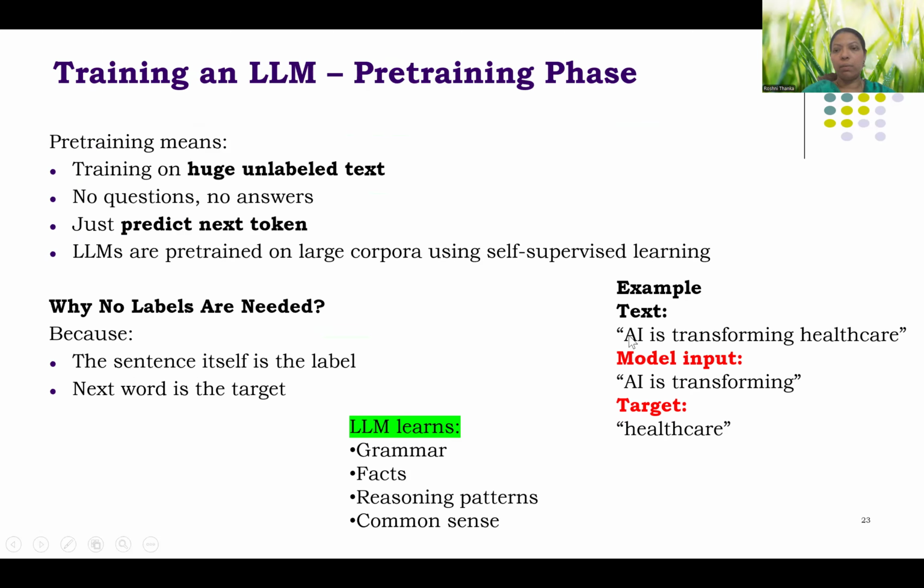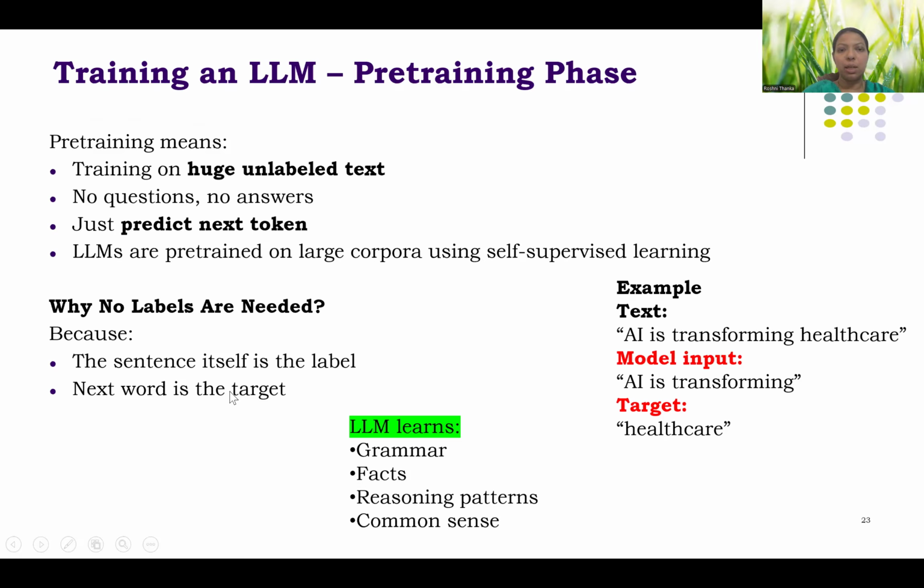For example, there is no labeling. If I have a sentence, AI is transforming healthcare, how does it work? Given "AI" as the text, "transforming" may be the next target. Then given "AI is transforming" as the text, "healthcare" becomes the target. This is how it works.